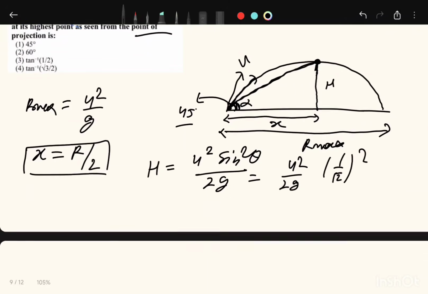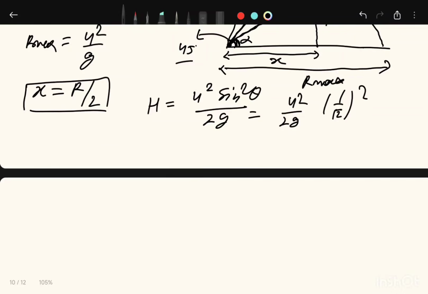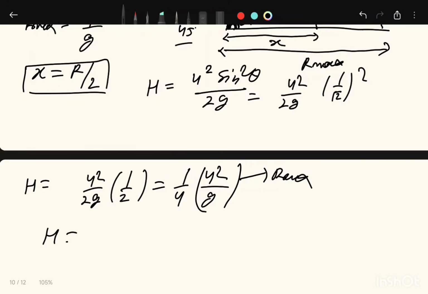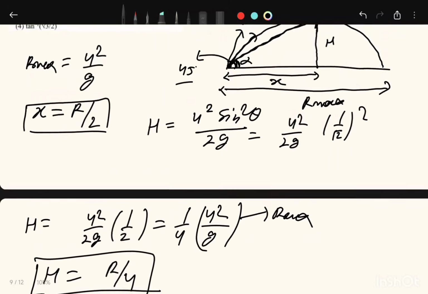So h will be u square by 2g times 1 by 2, so it will be 1 by 4 of u square by g. And this is nothing but your R max. So your h can be written as R by 4.